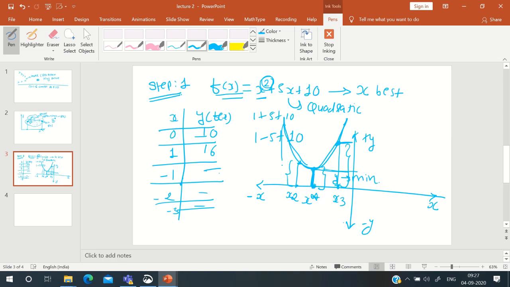Similarly, if you consider this x4, then this y value is obviously higher than the minimized optimized y value. So our aim is to find out x star using PSO.